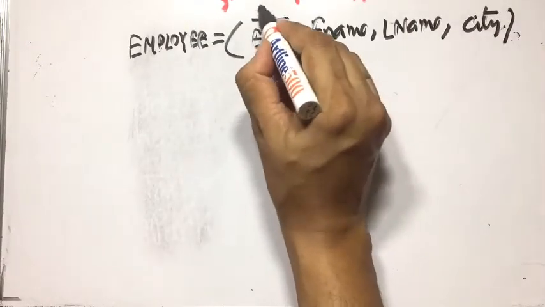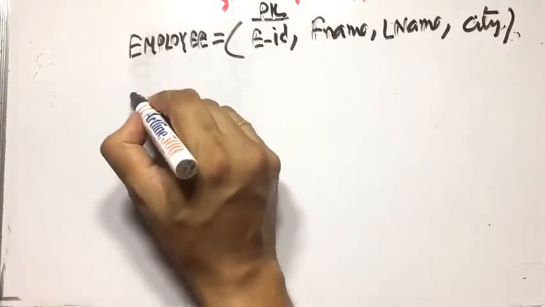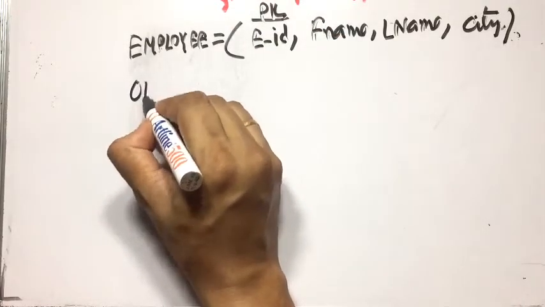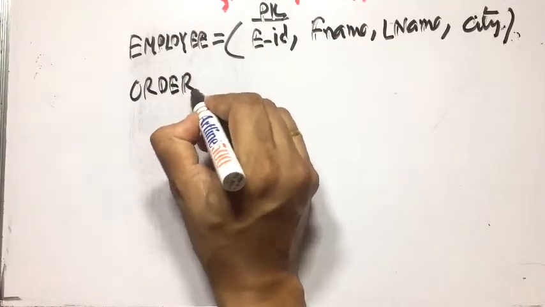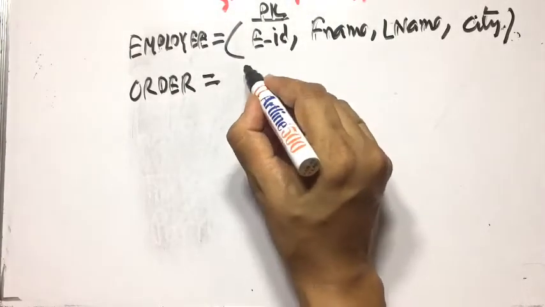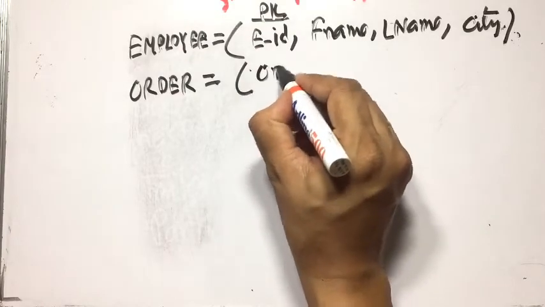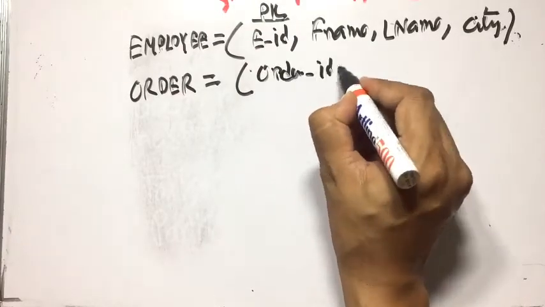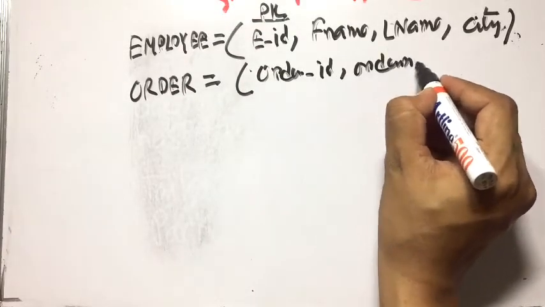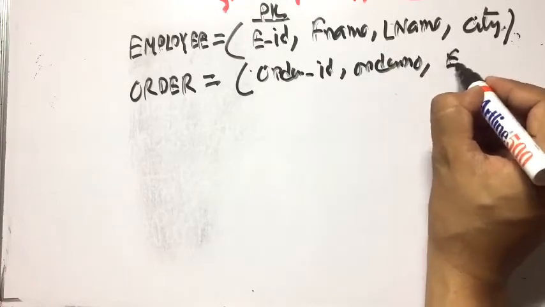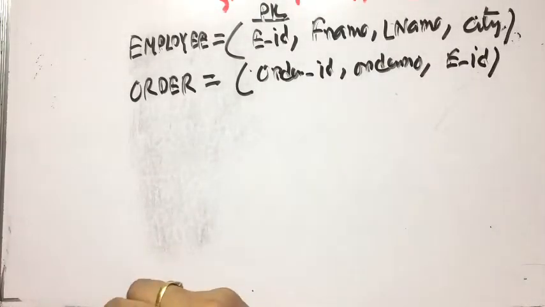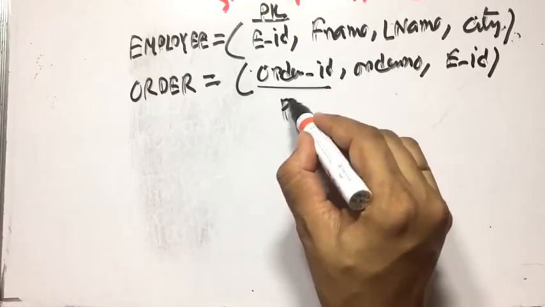Here this EID is the primary key. Now another table, suppose order. This consists of order ID, order number, and employee ID. This order ID is the primary key.